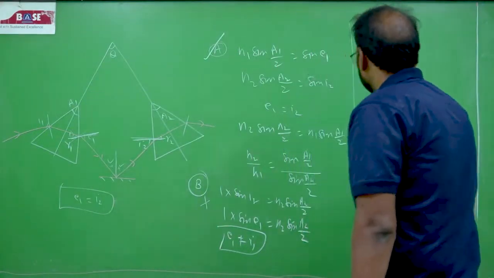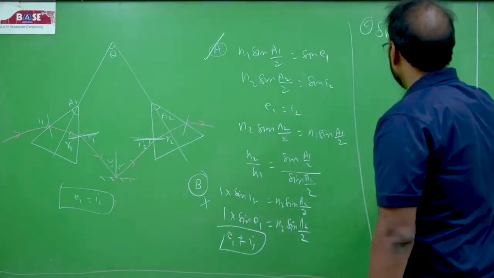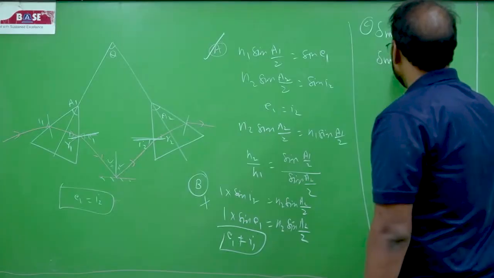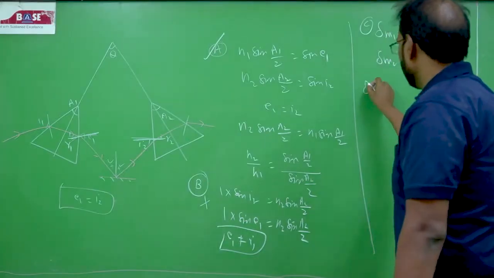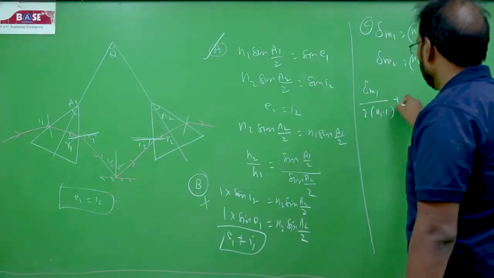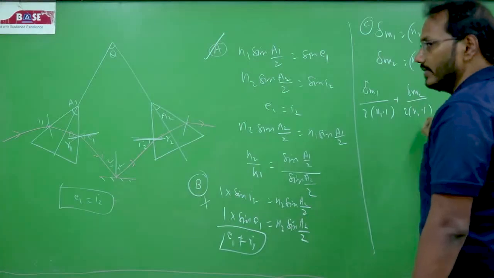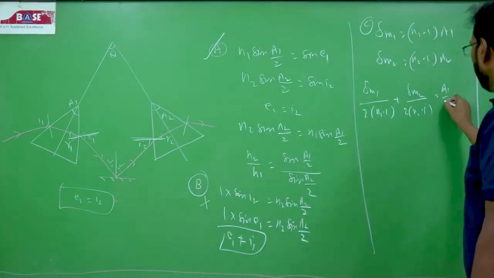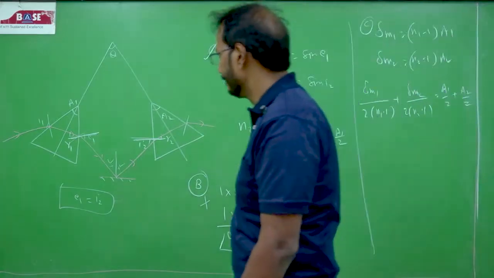In option C, when angles are small, delta M1 is equal to (N1 minus 1) A1, and delta M2 is equal to (N2 minus 1) A2. In this case, delta M1 upon 2(N1 minus 1) plus delta M2 upon 2(N2 minus 1) is equal to A1 by 2 plus A2 by 2. Now, see here.